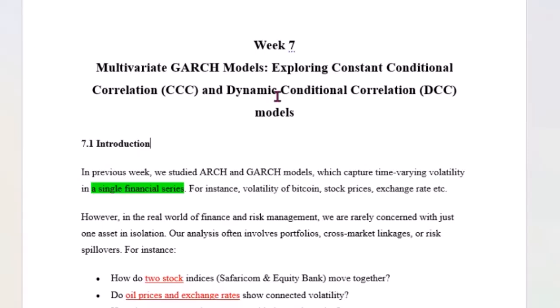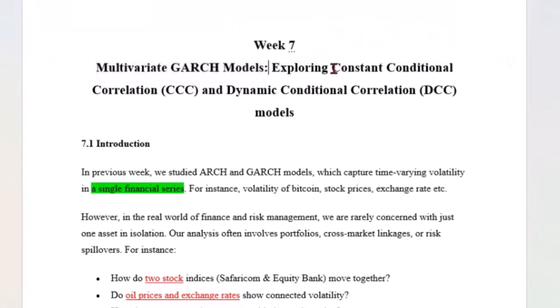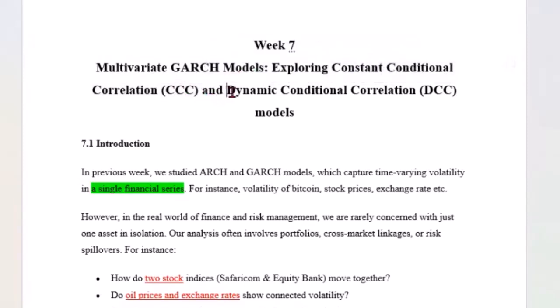How do they behave in case there are economic changes? Is there any correlation between the two? In such cases, that is when we come to week 7, and we learn about what we call multivariate GARCH models. And in this case, we shall be exploring the constant conditional correlation, and also we shall be looking at dynamic conditional correlation models.